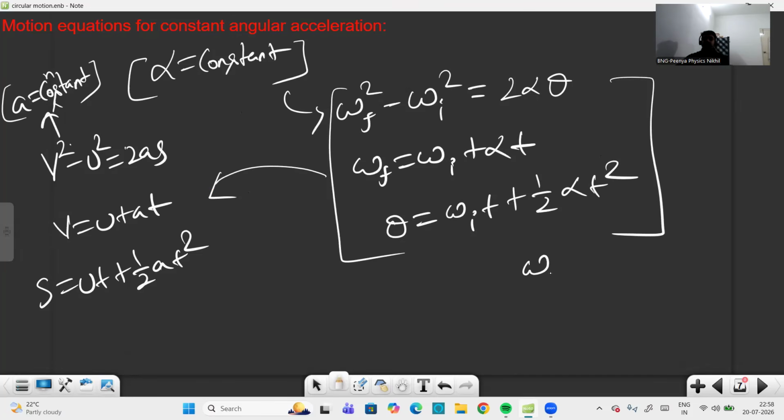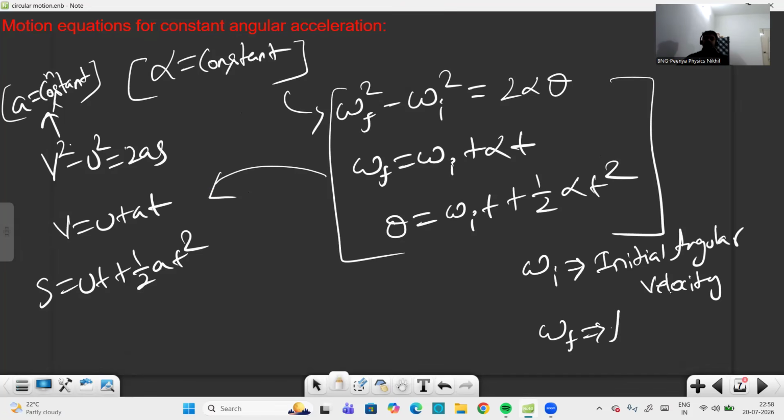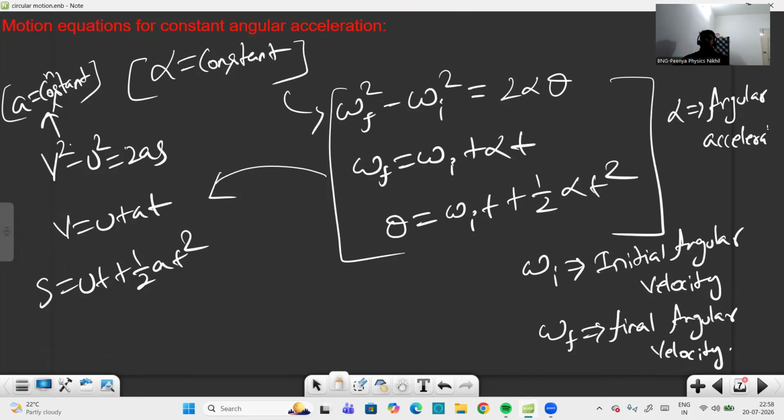Here keep in mind that omega initial is the initial angular velocity, omega final is the final angular velocity, alpha is the constant angular acceleration, and theta is your angular displacement.